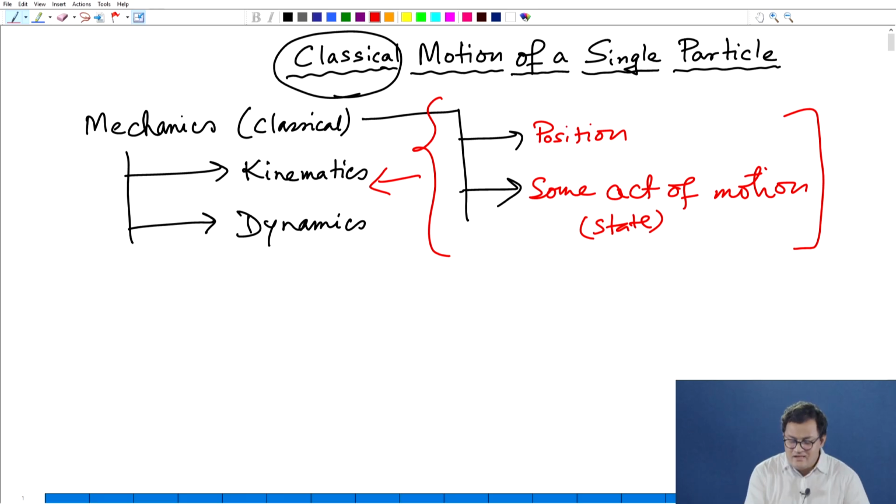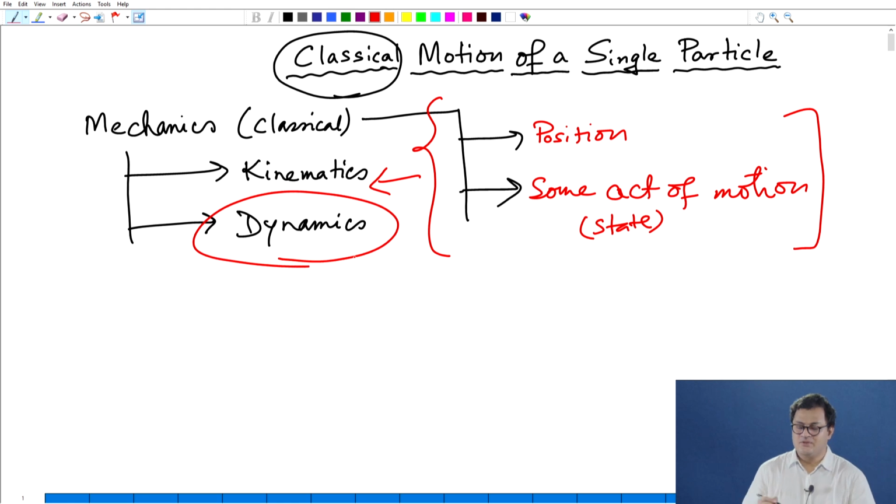Instead, if you now ask why, what happened, you want an explanation. This part is analogous to trying to understand or explain the motion of a particle, and this constitutes the dynamics.